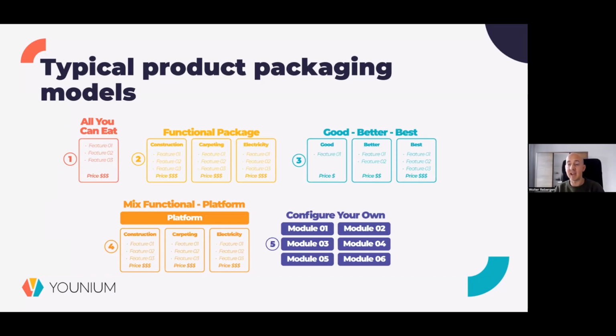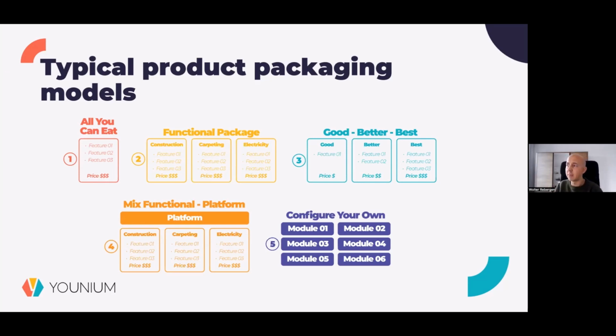So if you, for instance, have a lot of segments and you have the same product, but you tweak it a bit for certain solutions, for certain industries, then you have functional packages. So you have your product with a few tweaks, and it gets sold to construction companies, and then you have a few other tweaks and you sell it to electricity companies. It's the same product, but there are small tweaks making it relevant for different functional segments within your prospect base.